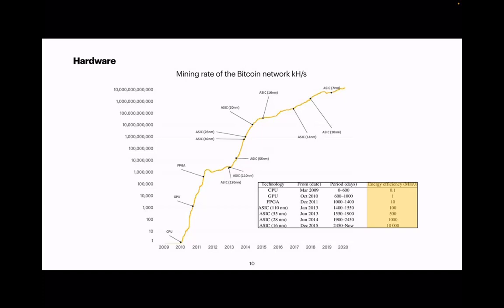The ASICs offer more power and better energy efficiency. And with the continuous development of technology, the most sophisticated ASICs are approximately 50 million times quicker in terms of hash rate and 1 million times more efficient than CPUs used only 11 years ago.